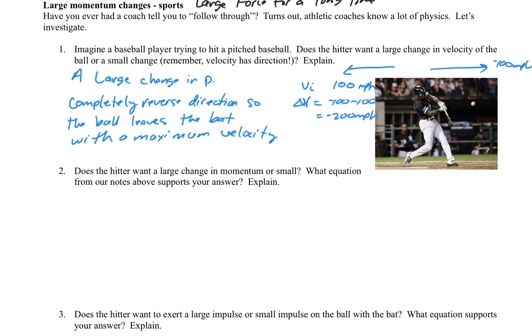We talked about that. We want a large change in velocity. That means we want a large change in momentum. Because change in momentum is equal to mass, because the mass doesn't change, times the change in velocity.